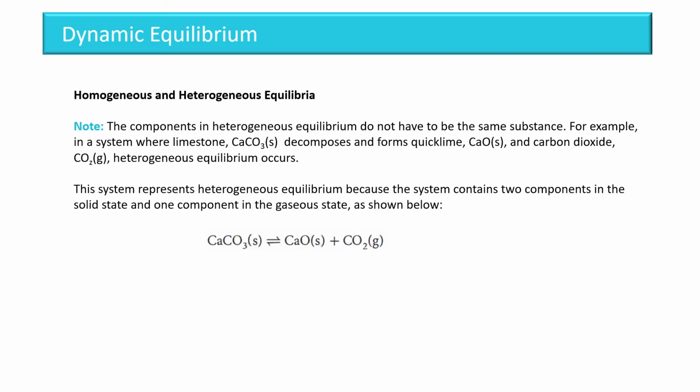For example, in the system where limestone decomposes and forms quicklime and carbon dioxide, heterogeneous equilibrium occurs. This system represents heterogeneous equilibrium because the system contains two components in the solid state and one component in the gaseous state, as shown in the equation.